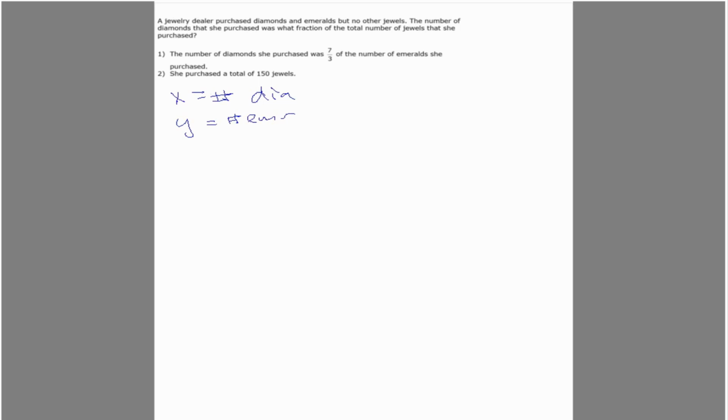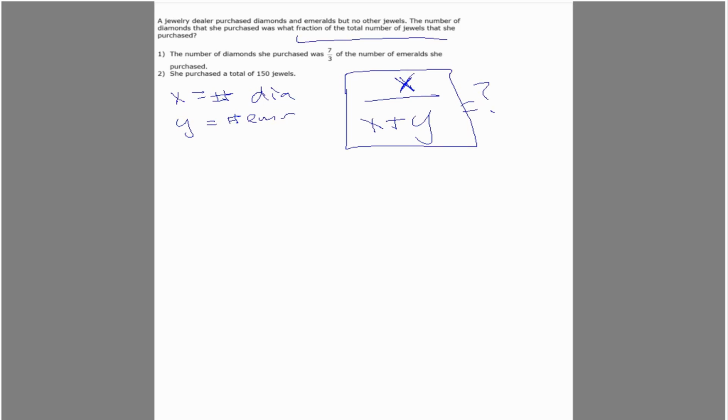Once we do that, we can easily see that what we're looking for is the number of diamonds over the total number of jewels. So x plus y represents the total number of jewels.